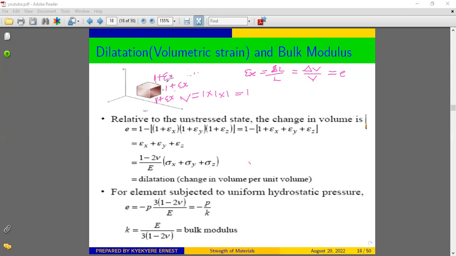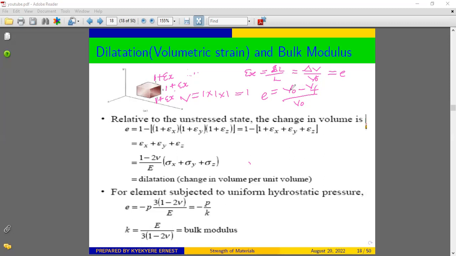So this is going to be the final volume. And if the stresses are causing this material to deform or to contract, then we can say that the volumetric strain will be equal to the initial volume, which is VO, minus the final volume, which you can refer to as VF, all over the initial volume, which is VO.